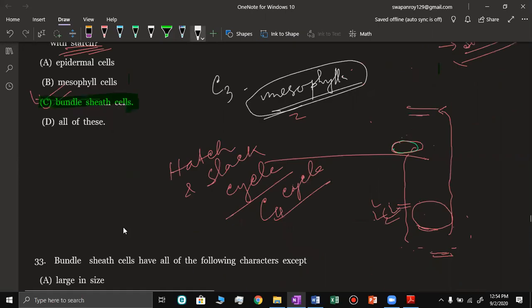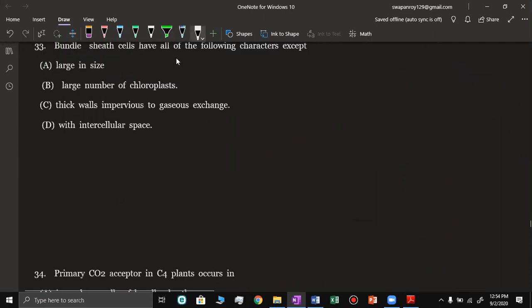Next question: bundle sheath cells have all of the following characteristics except which one? Bundle sheath cells are generally large in size. This is true. Large number of chloroplasts. Yes. Thick wall impervious to gaseous exchange.